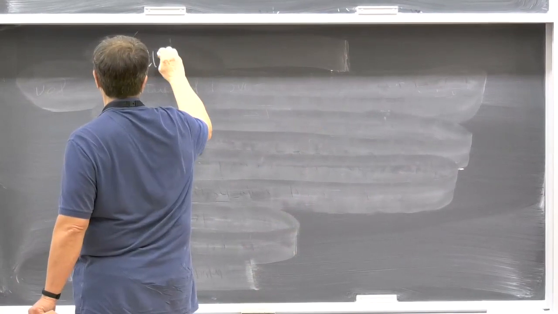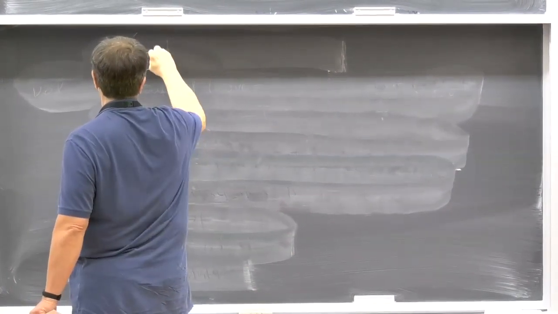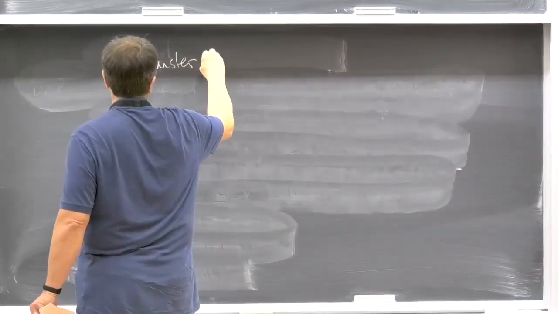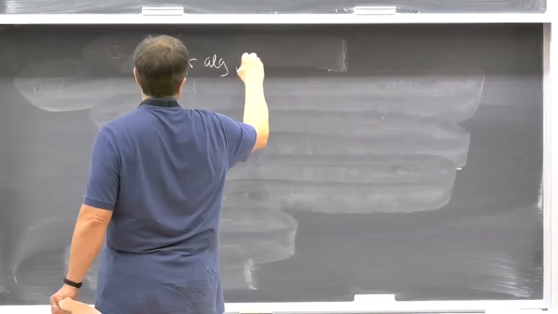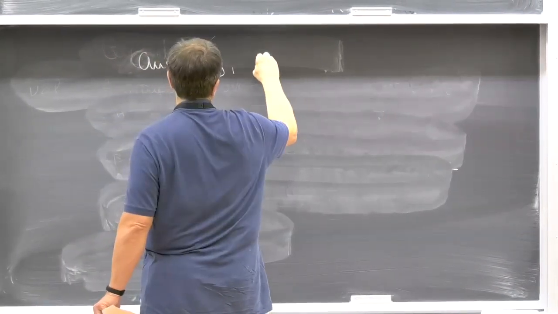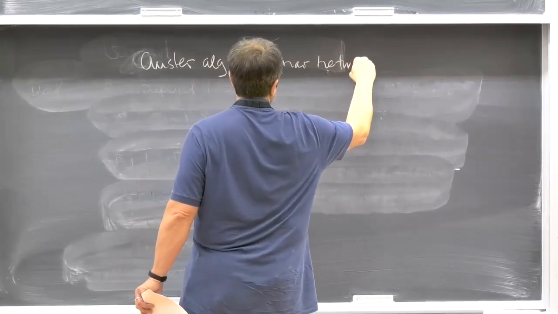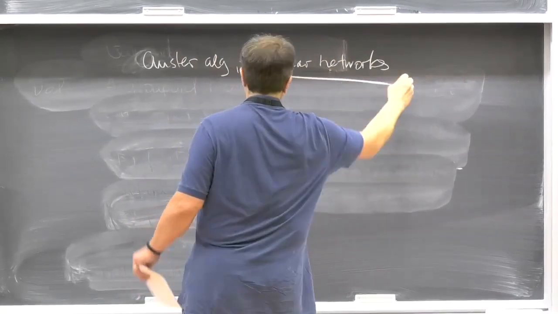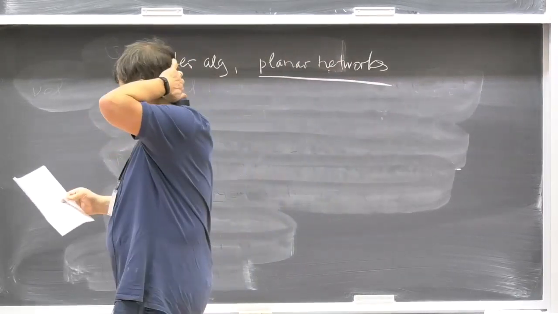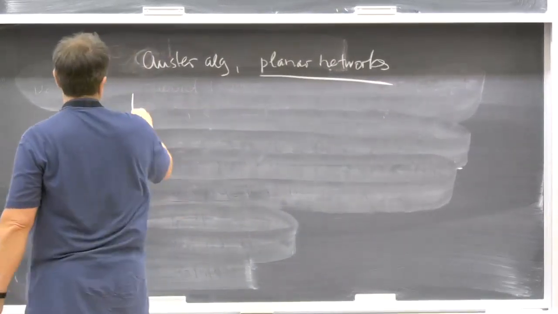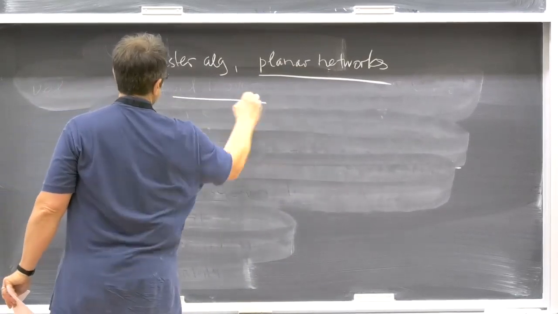For this we have, I will say, cluster algebras or planar networks, directed planar networks. Again, what is a planar network that produces elements of this B?